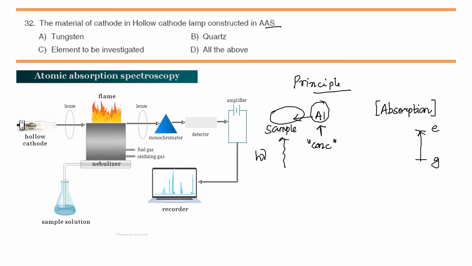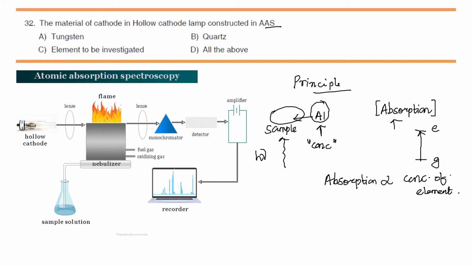So some amount of radiation is being absorbed. If you are finding out how much radiation is absorbed, then that absorption will be definitely proportional to the concentration of the element in the sample. Okay, so this is the principle of atomic absorption spectroscopy.